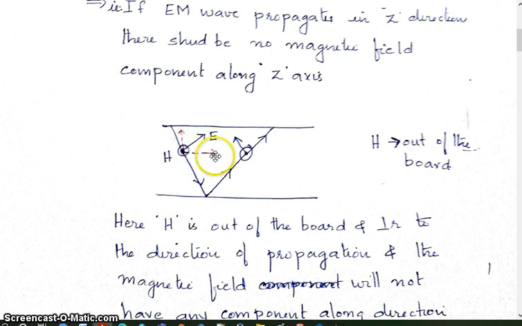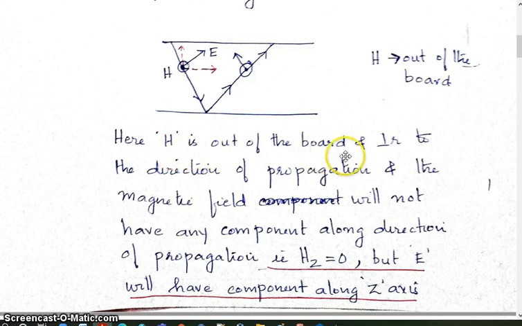This one represents the horizontal component, and this one the vertical component, and obviously the magnetic field will be pointing out of the board. You can find the direction using the right hand thumb rule. So here H is out of the board and perpendicular to the direction of propagation, and the magnetic field will not have any component along the direction of propagation. That is, Hz is equal to 0.